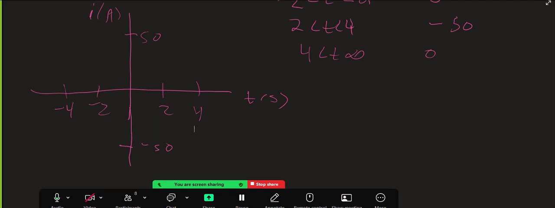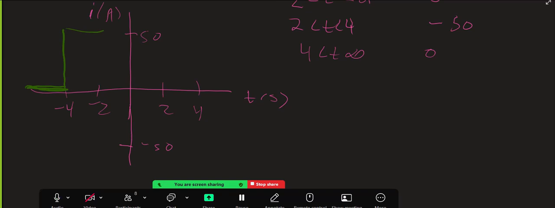So it's 0 until we get to negative 4, and then it becomes 50 until we get to 2. And in engineering, they draw those vertical lines.